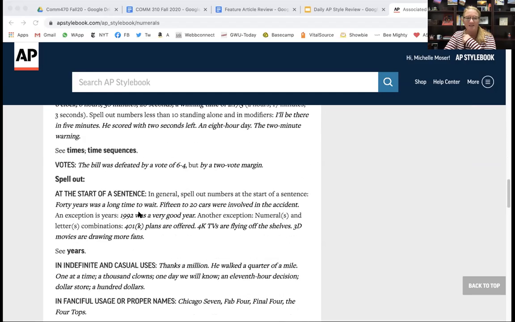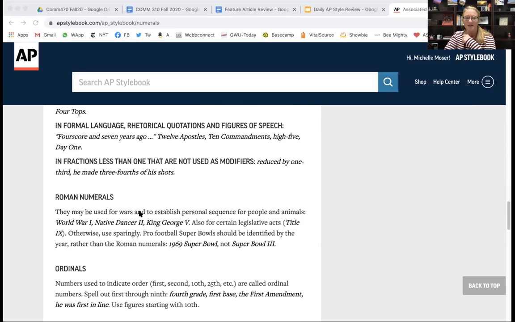So there are a lot of things to consider. Every time you have numbers in there, you might want to just double check yourself as you are writing. For instance, World War I versus the number 1, King George V versus the number 5, the 1969 Super Bowl, not Super Bowl III, are how things would be referred to.